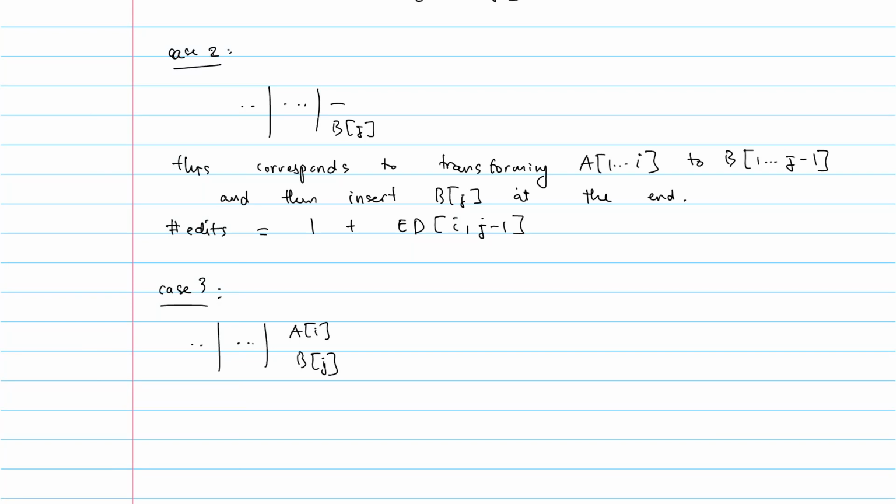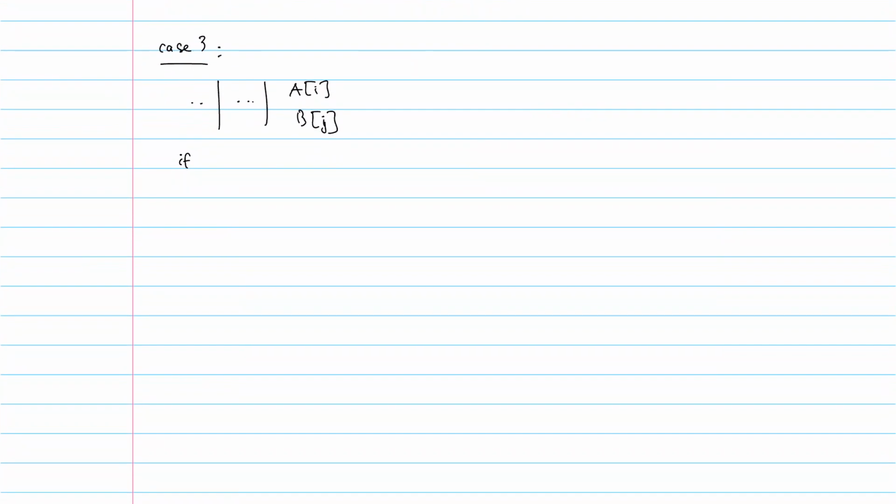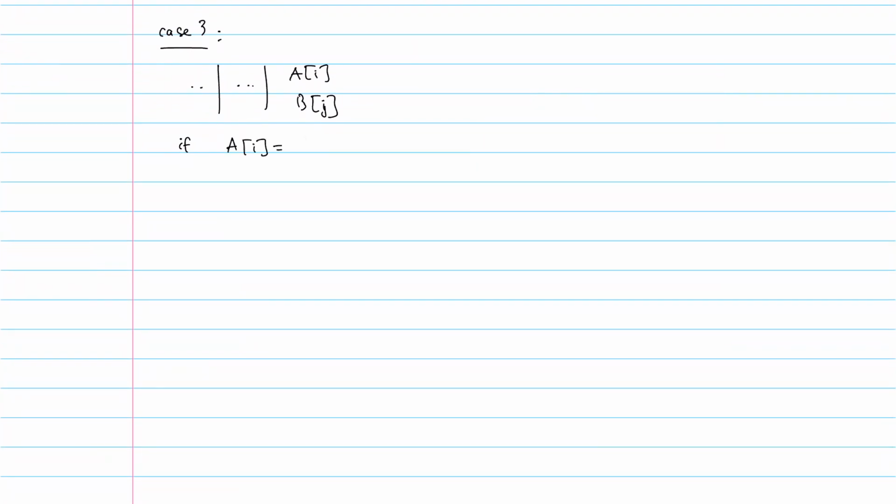So if Ai is equal to Bj, this corresponds to transforming A1 up to Ai minus 1 into B1 up to Bj minus 1, and we are done.